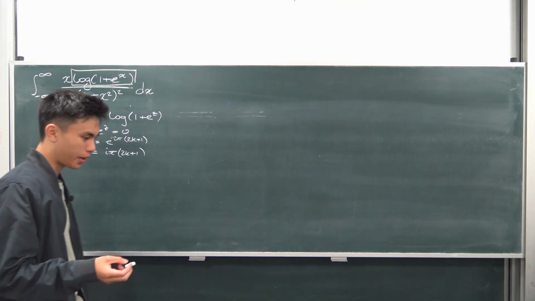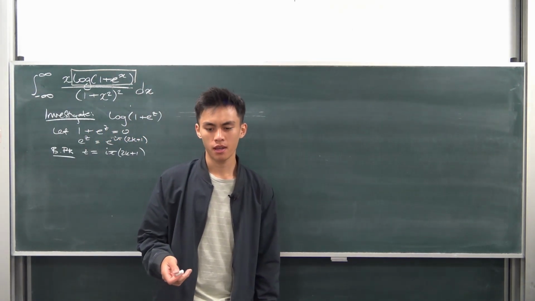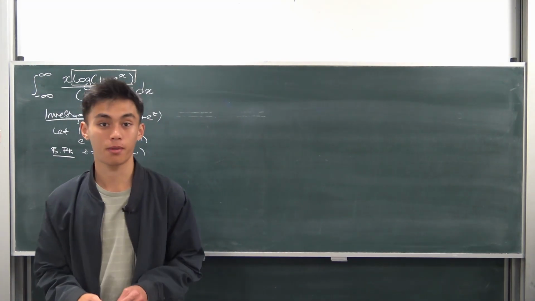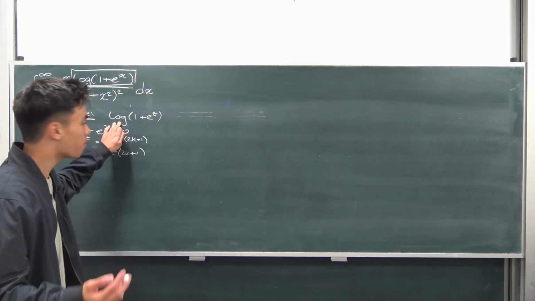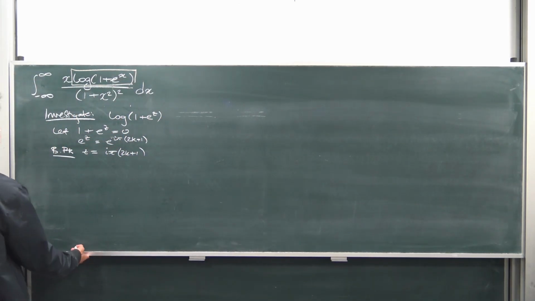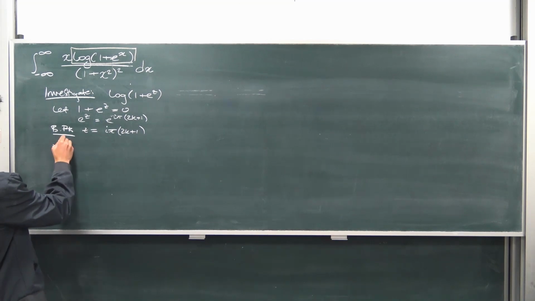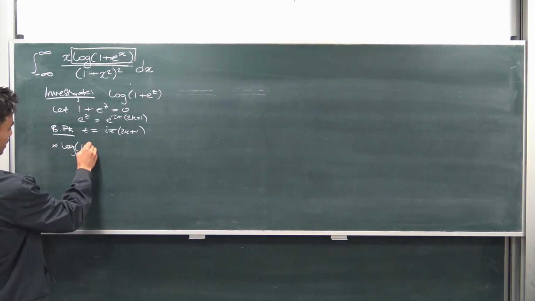Now we need to take a look at the branch cuts, and the branch cuts are going to be slightly more tricky to work with. How on earth can we get the branch cuts of this thing? Well, we have the logarithm, and remember we can rewrite log of 1 plus e to the z.